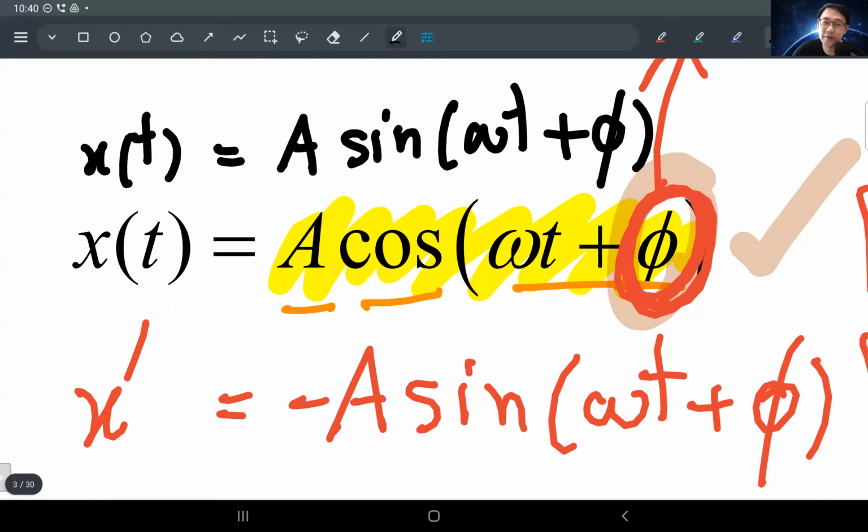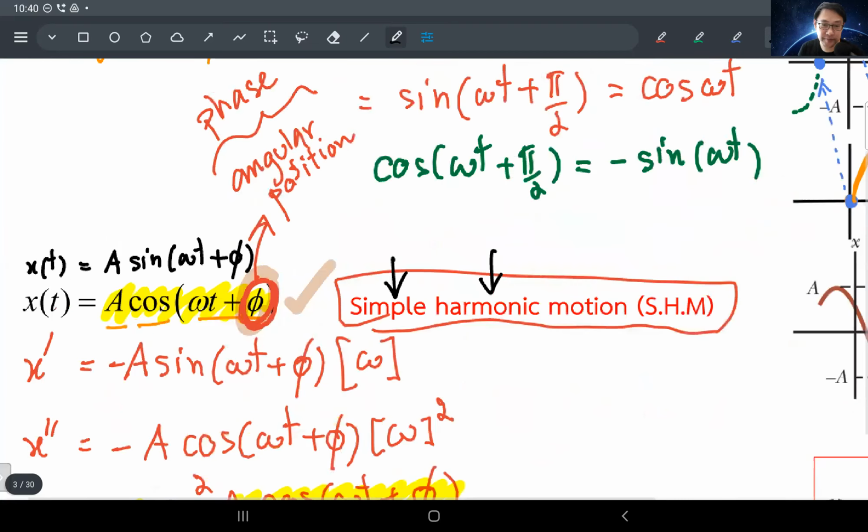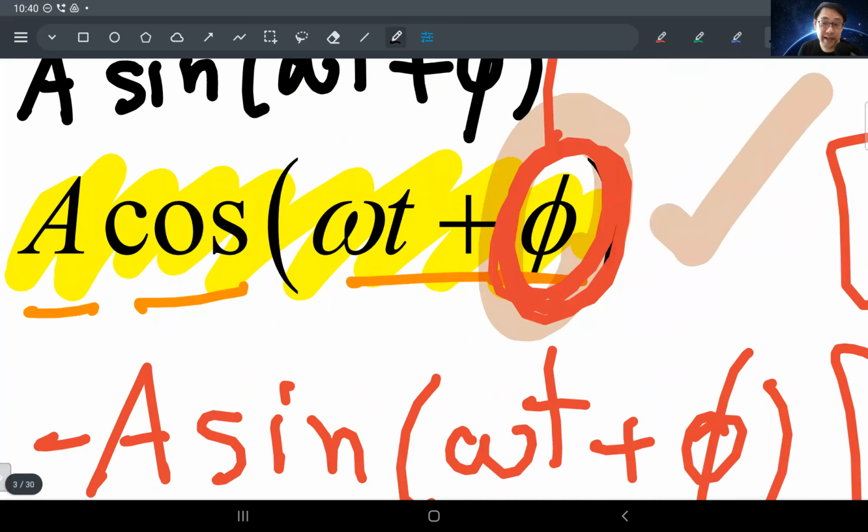What is the unit of omega? You guys thinking, right? Not hertz. Wow, that's pretty close. Actually, it can be hertz. It's actually right.